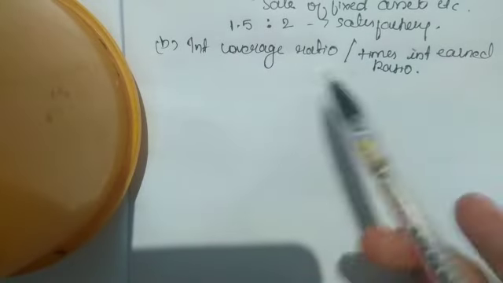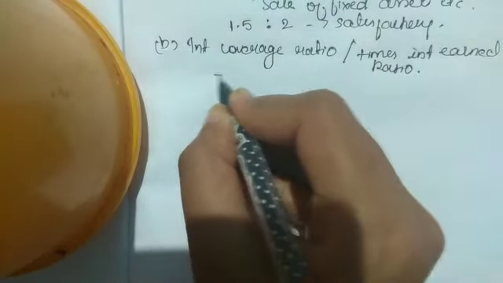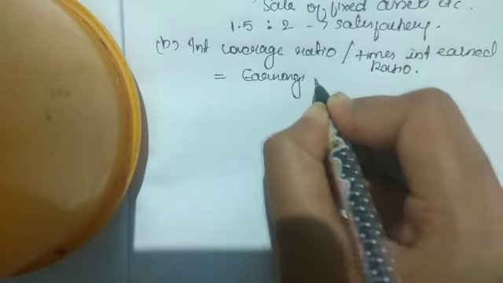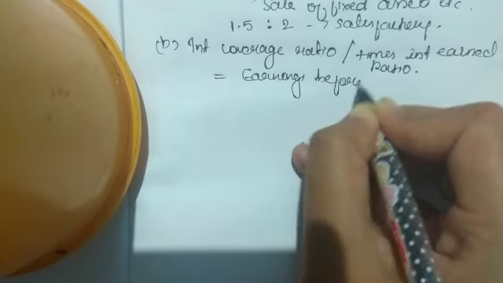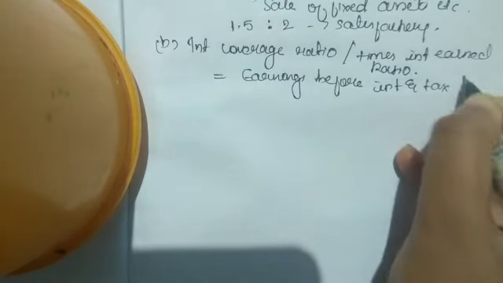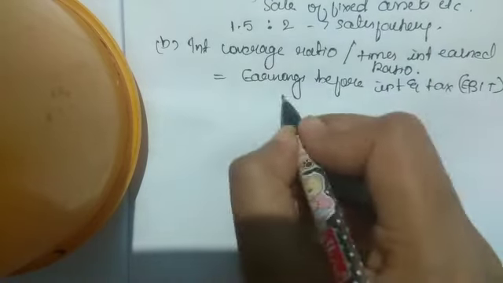It indicates the firm's ability to meet the interest payments. The formula for this is earnings before interest and tax, that is EBIT, divided by interest.